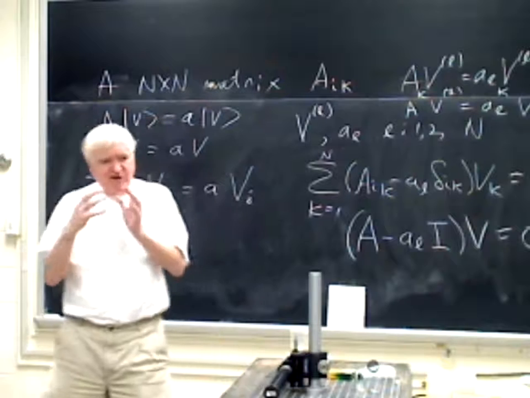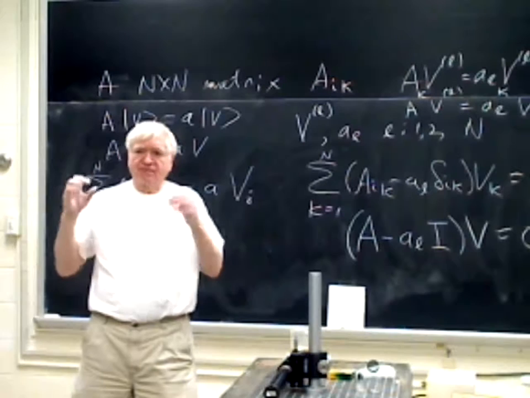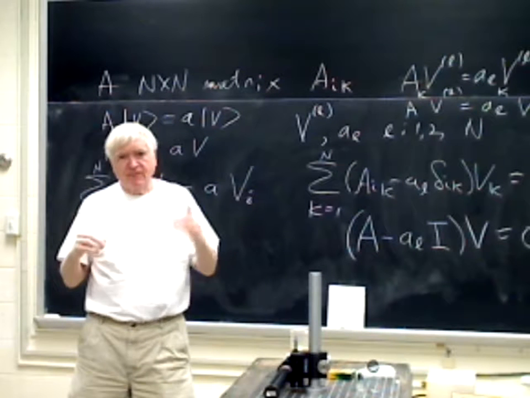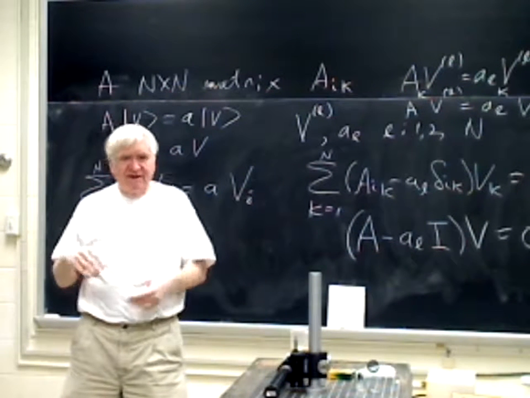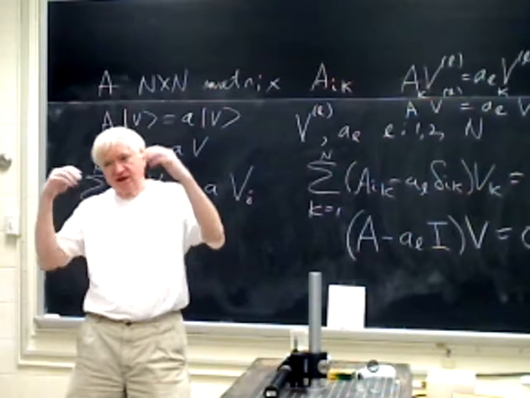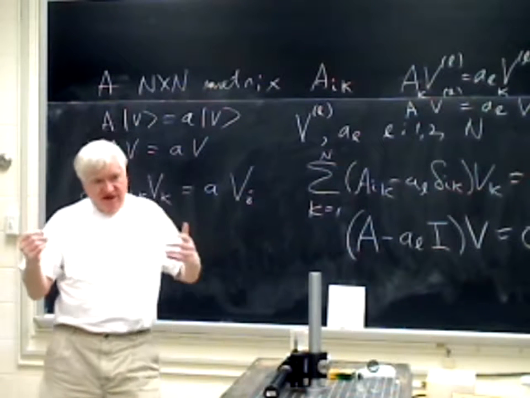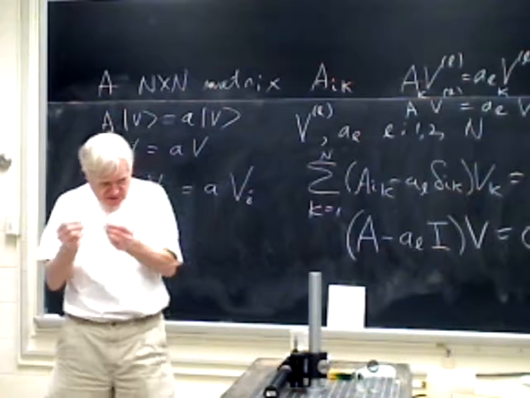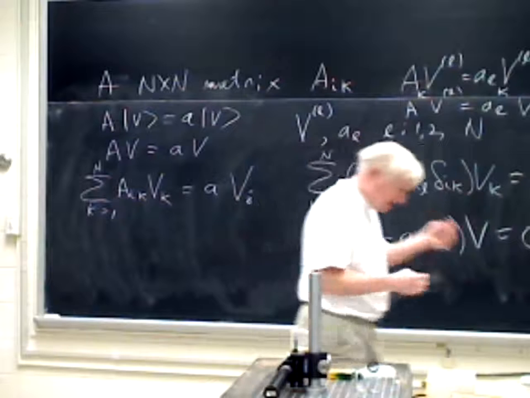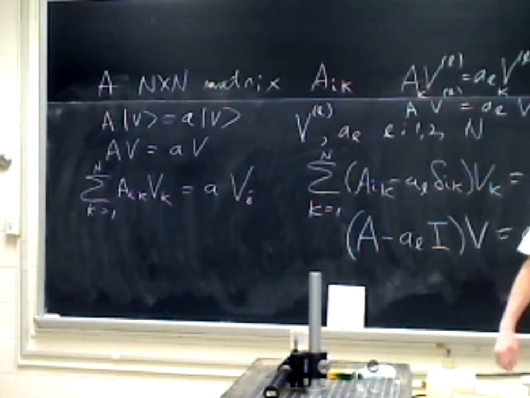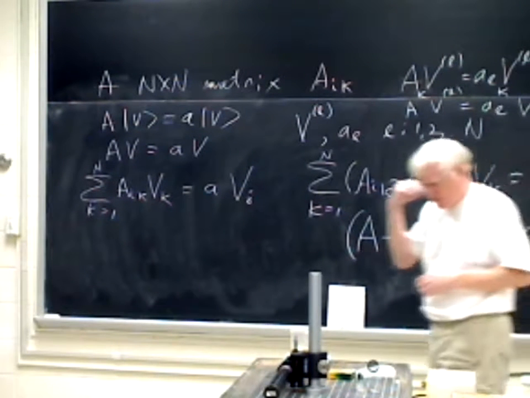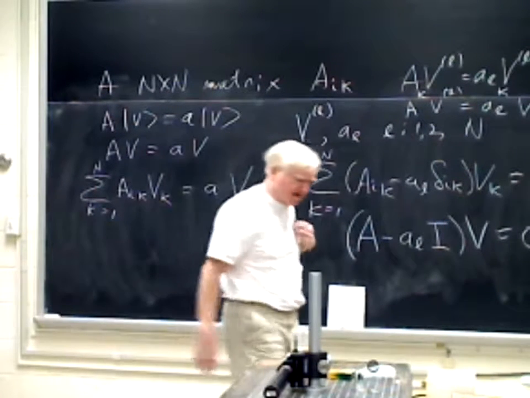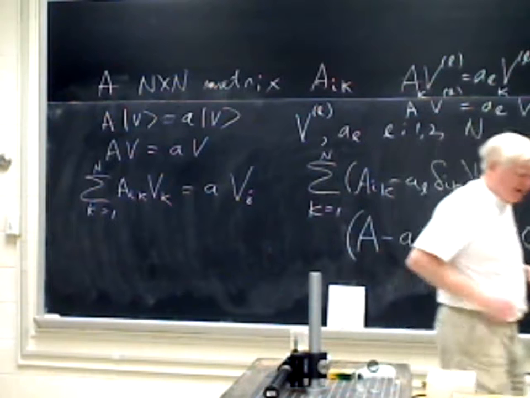You have spherical symmetry, and so for the hydrogen atom, the energy levels depend upon the principal quantum number n, not the angular momentum quantum number L that labels the angular momentum state, or the quantum number m that labels the orientation of the z component of the angular momentum.